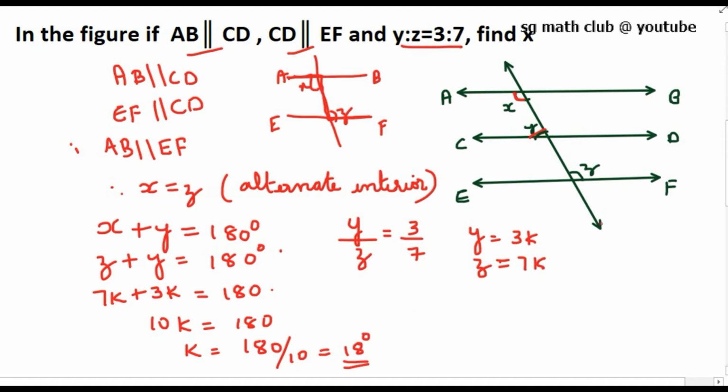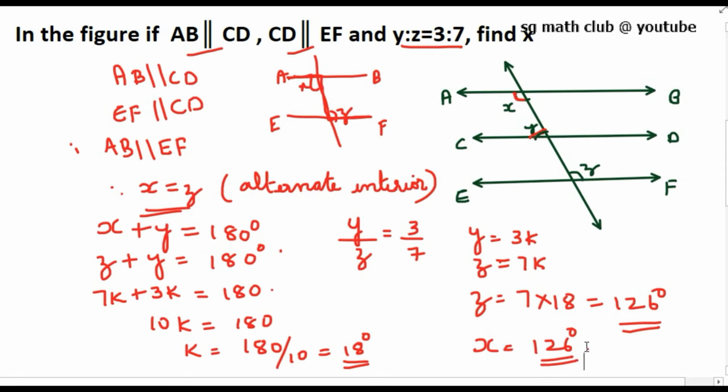We need to find x, but if you find out y or z, z will be the same as x. So z equal to 7 into 18, which is equal to 126. Therefore, x and z both are same. So the value of x is also 126 degree.